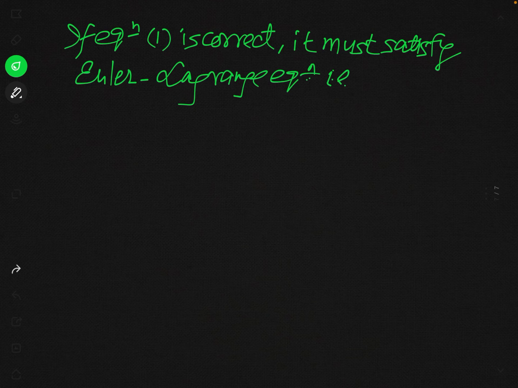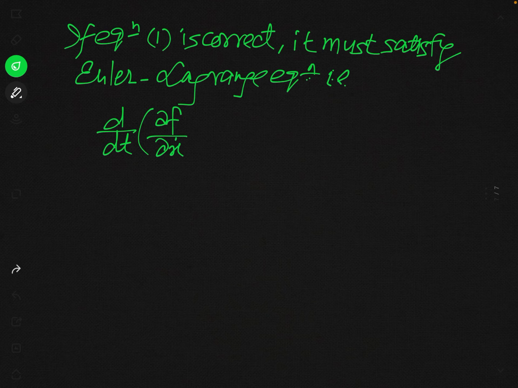And what is the Euler-Lagrange equation? You have studied this Euler-Lagrange equation in very detail in the previous lectures. So you can say this is d dt del f by del x dot, because you can see at the place of x here is in fact t, and at the place of y there is x.